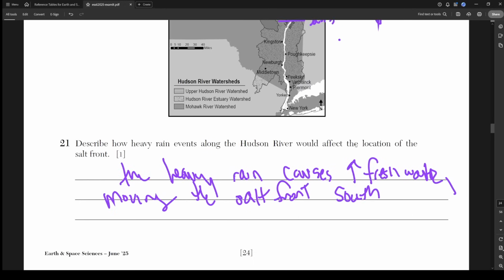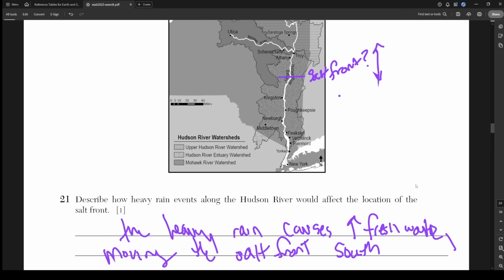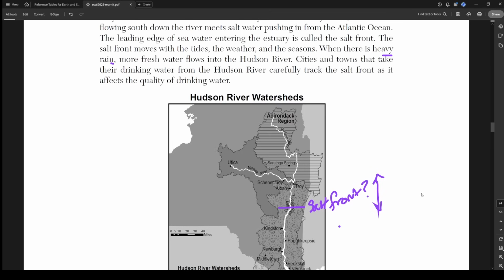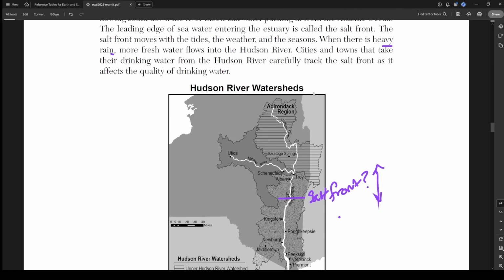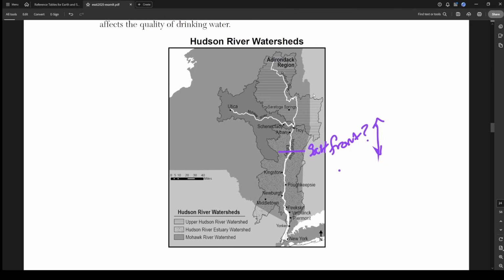That question, to me, is ridiculously hard. Fresh water flowing south down the river meets salt water pushing in from the Atlantic Ocean. The thing for me is that this might seem obvious to you, but the Atlantic Ocean is not labeled on this map.